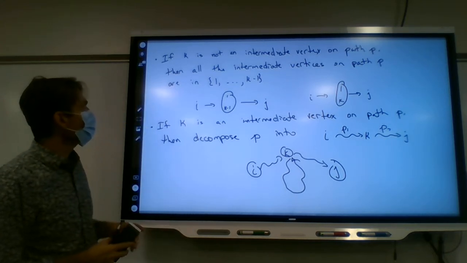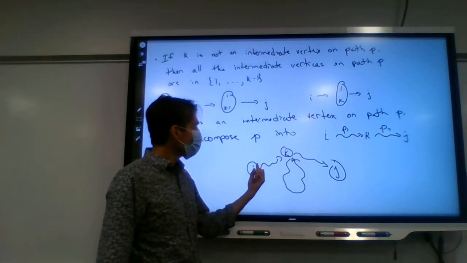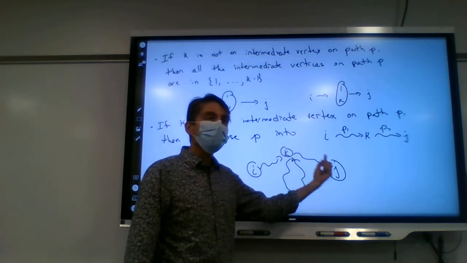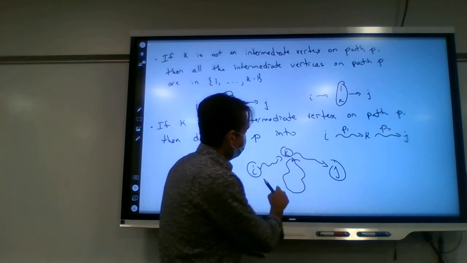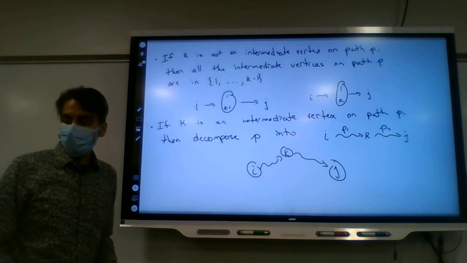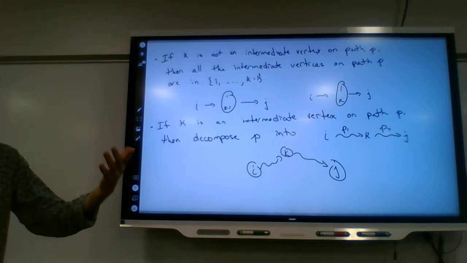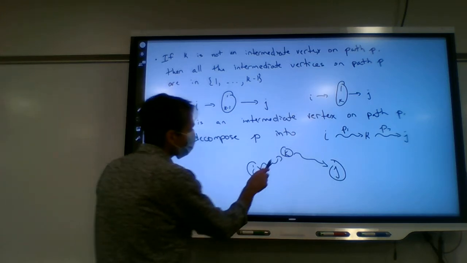Okay, so what happens if K is one of the intermediate vertices? There's a part that would go from I to K, and a part of the path that would go from K to J. And there wouldn't be any cycle, because we wouldn't need to come back to K. If you ever came back to K, you could just take that part away and have a shorter path. But what happens with this part?